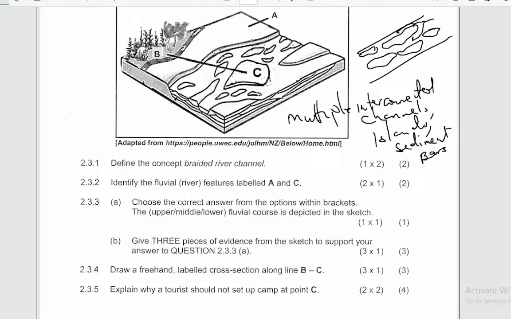This one becomes a channel. This one becomes a channel. It continues, becomes a channel, continues here. But we are saying they are interconnected, meaning they are meeting with each other. This one is splitting here, but they end up meeting there again. Splitting there, they will end up meeting, splitting and ending up meeting, but they are split by these deposited materials which constitute some islands within the river channel.